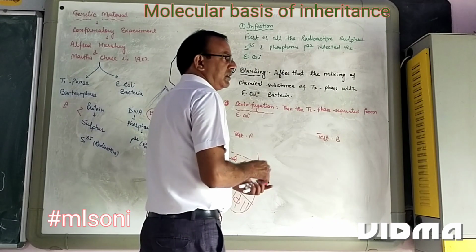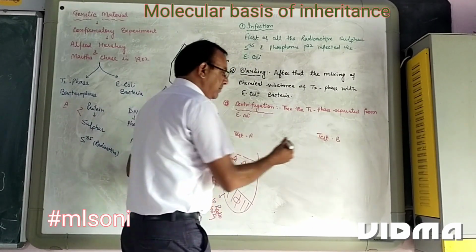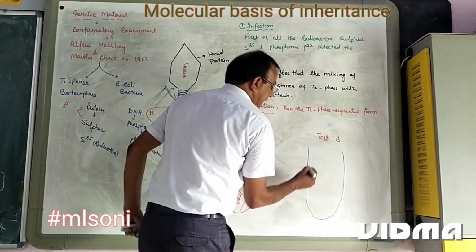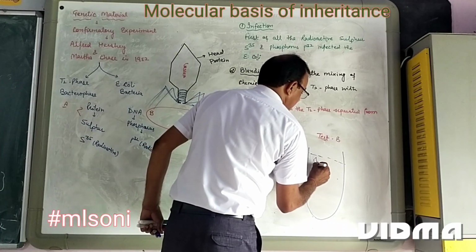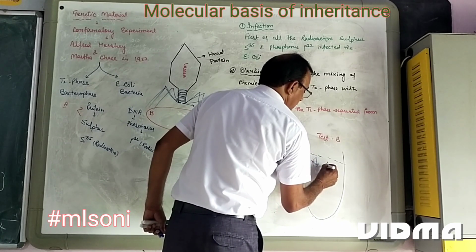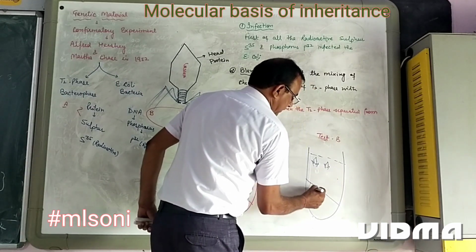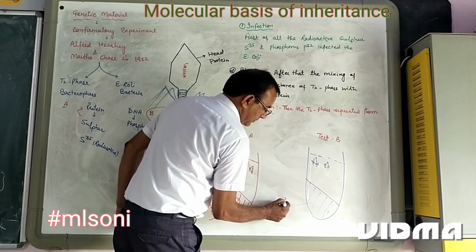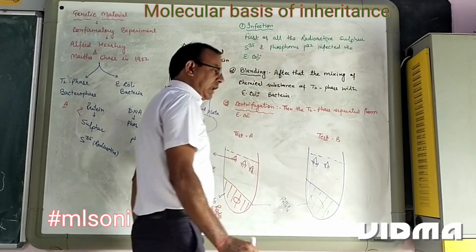Then they took another experiment in another vessel, test B, with the same activities. The lighter supernatant remains on the upper side, and the heavier pellets contain E. coli bacteria.